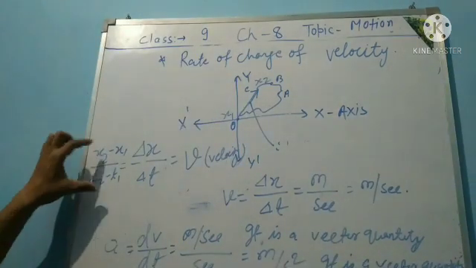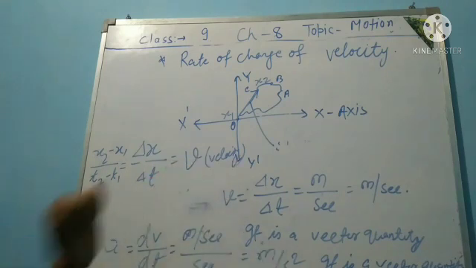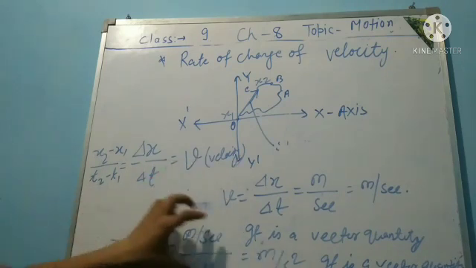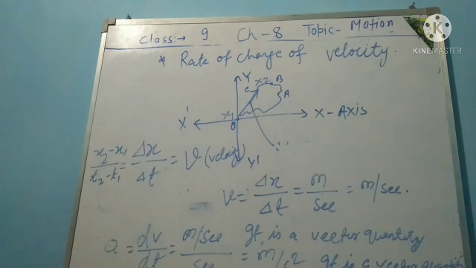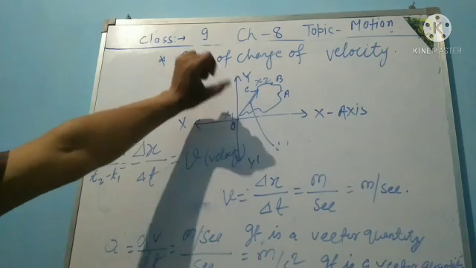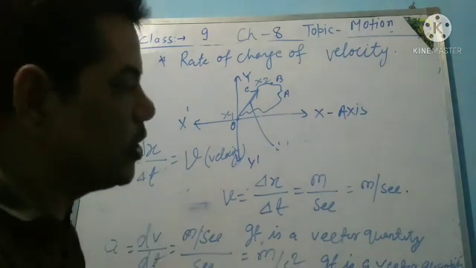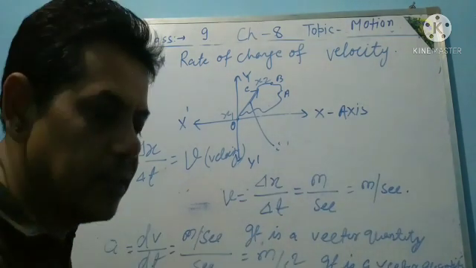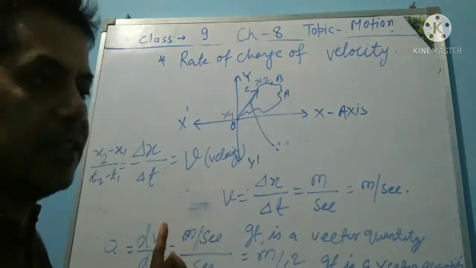So you know that velocity is meter per second, it is a vector quantity. Acceleration is also a vector quantity, its unit is meter per second square. Displacement unit is meter, it is also a vector quantity. But speed unit is also meter per second, that is a scalar quantity.